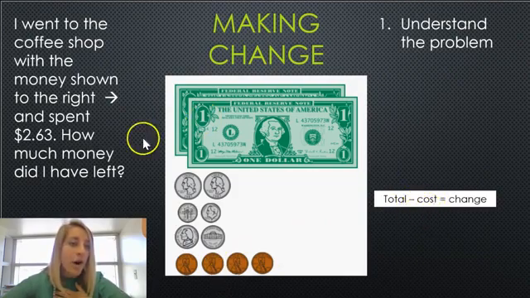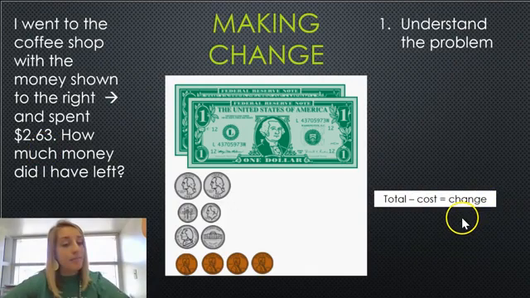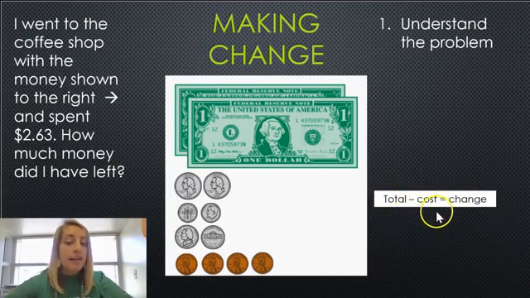I subtract the cost, in this case it's the coffee, $2.63, to get my change. That's how much money I would have left or how much money I would get back if I was receiving change. So the total minus the cost equals the change. And it goes the same as the total minus the change equals the cost.